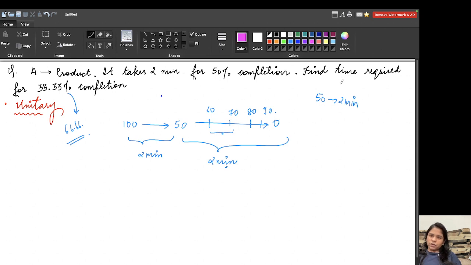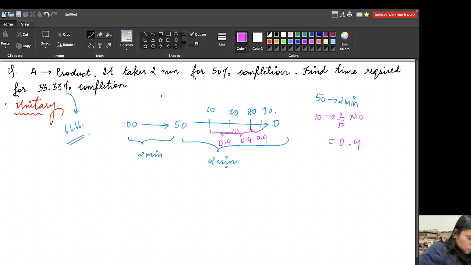What interval will we take? 2 divided by 50 into 10, that is 0.4 minutes. So for every 10 concentration change, you are getting 0.4 minutes. Till 50 you already know it takes 2 minutes. Now this is asking for 50 to 70, so this will be 3 into 0.4.